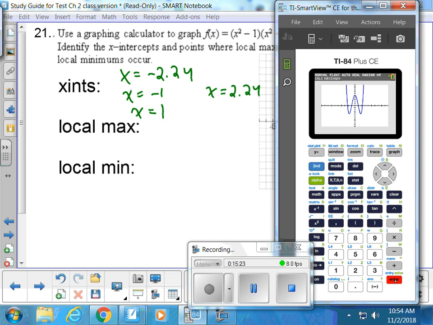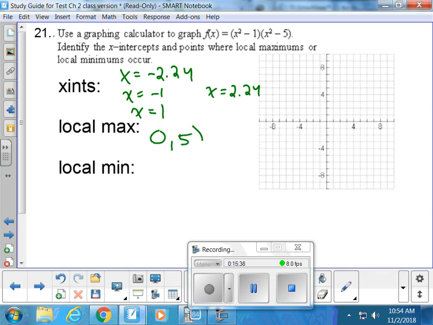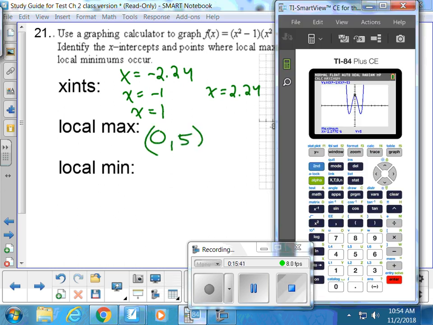What about a good right bound? +1 works for me. Click enter. Now what you're seeing here for the x value is very, very strange. 2.27 times 10 to the -6. It's just basically a 0. So just write down 0, 5. That is your local maximum point.